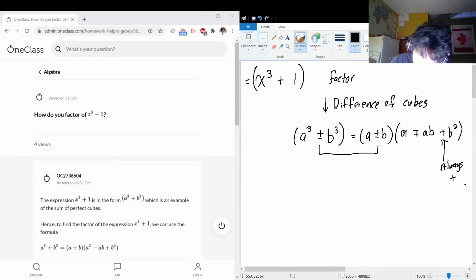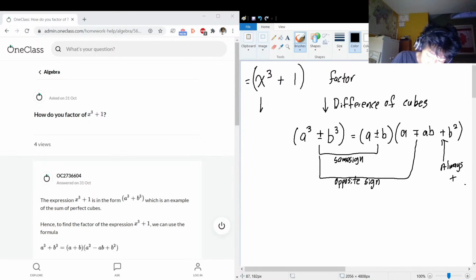These two will be the same sign, and these two will be opposite sign. No, not Sam sign. Hey, Sam's my dad's name. So, yeah, nice, and that will be opposite sign. Okay, so we know that in this situation, x is equal to a and 1 is equal to b.